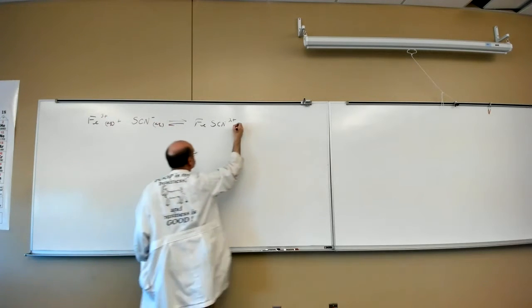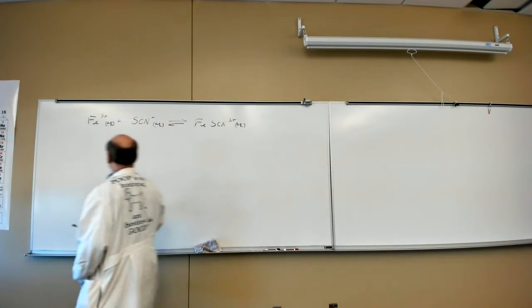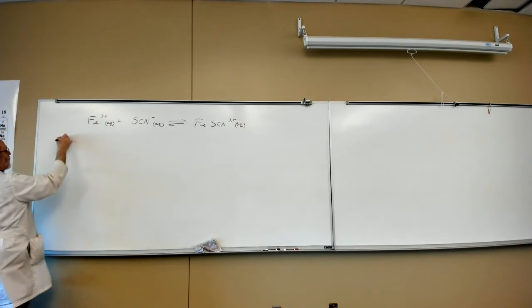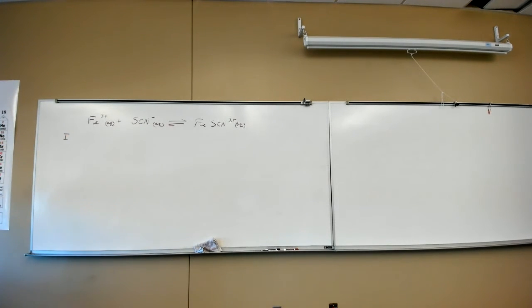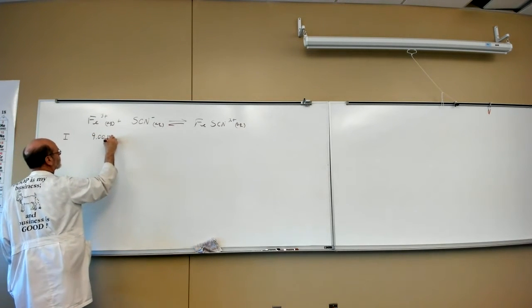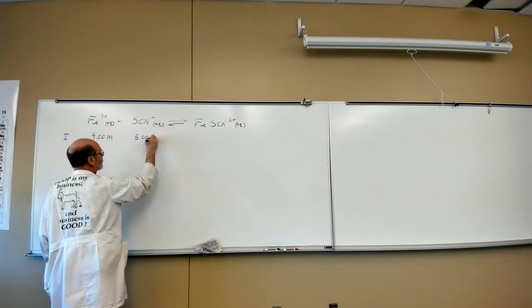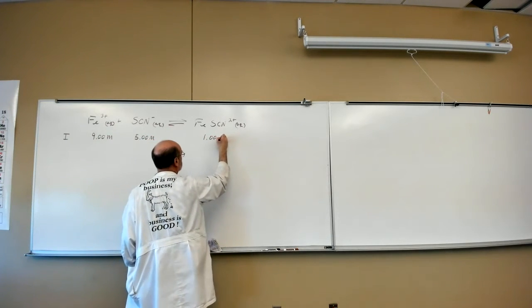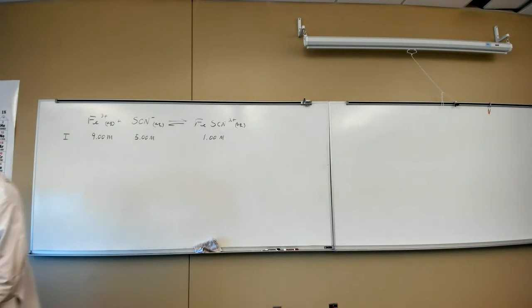So now, trial one. We're starting off with 9 molar, 5 molar, and 1 molar. Okay, and the K, where's the K? Can we calculate the K? Oh, there it is, 0.333. We did calculate that in an earlier problem.